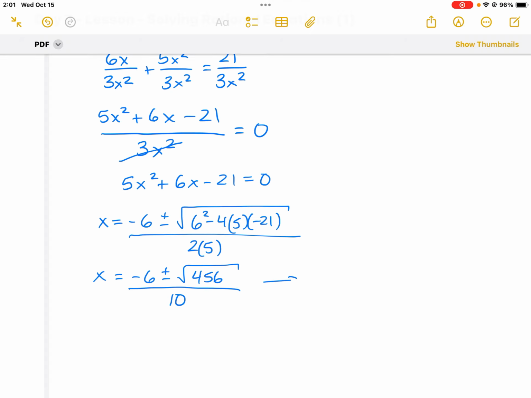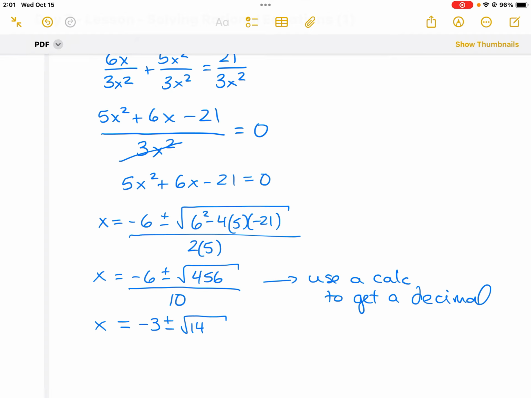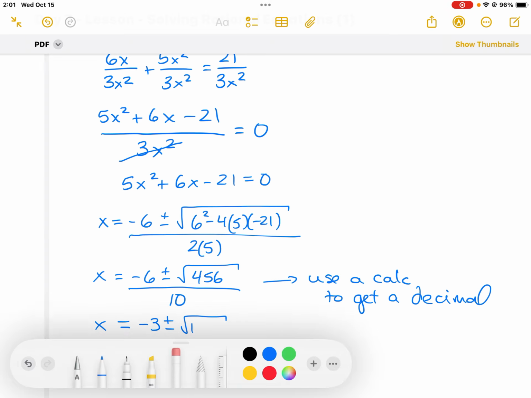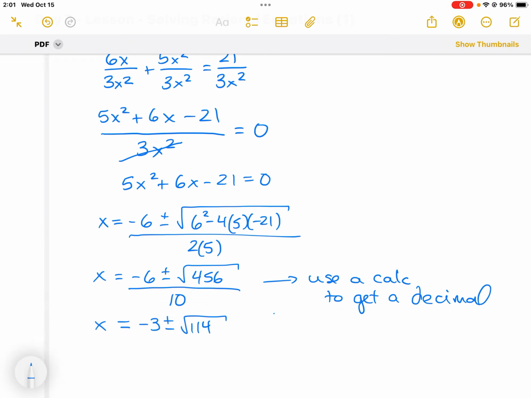And at this point, I can either use a calculator to get a decimal, or I can leave it as is, or I can reduce using radicals to get minus 3 plus or minus root 114 over 5 as my final answer.